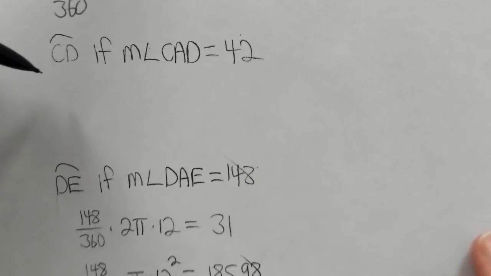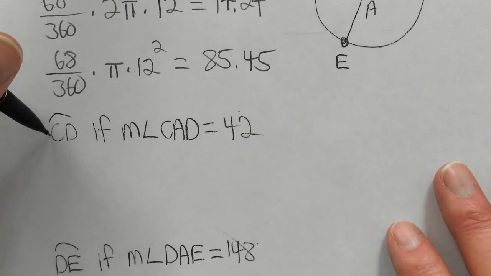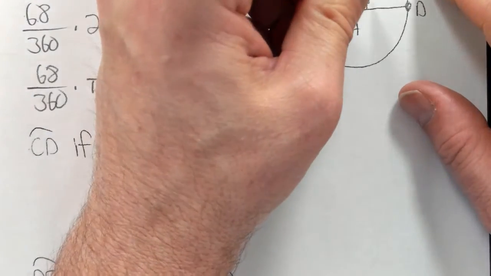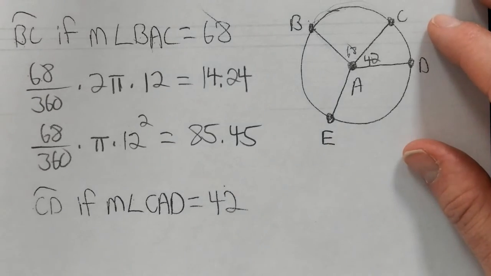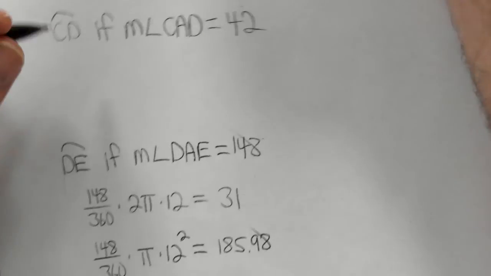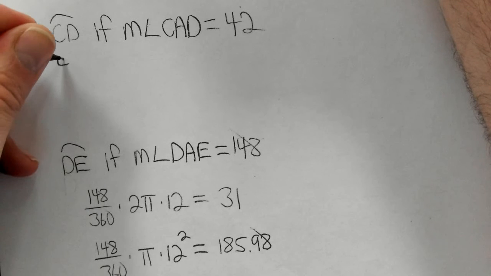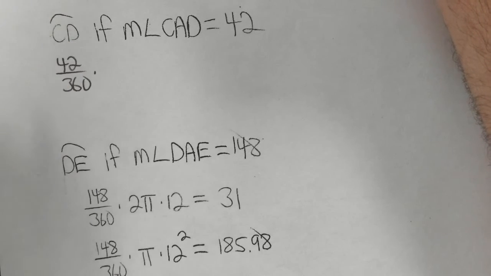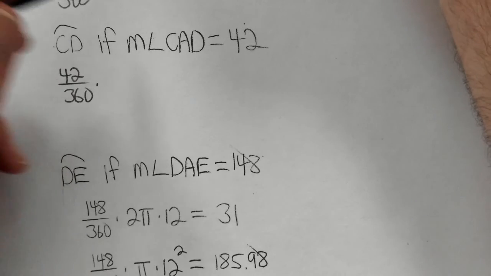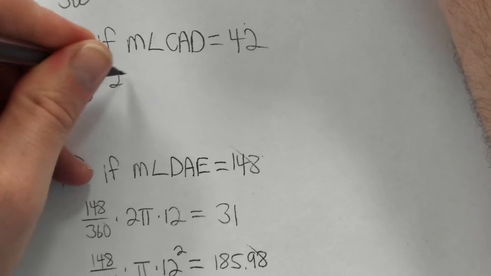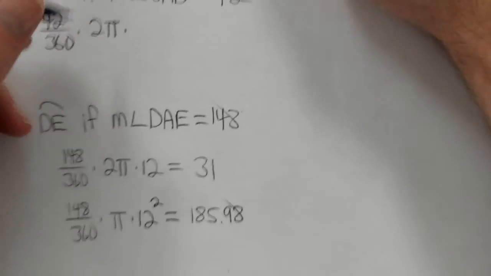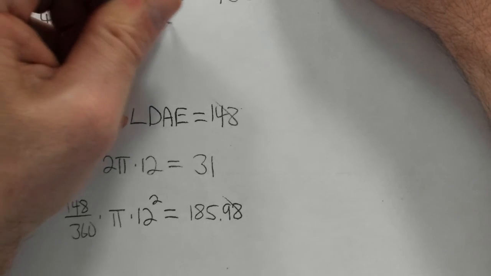Okay? All right, the next one. We're looking for arc CD, if the measure of CAD is 42 degrees. So that central angle is 42 degrees, which means x is going to be 42. So there's 42 over 360 times 2 pi times r. The radius again, still 12. So 12 goes here.